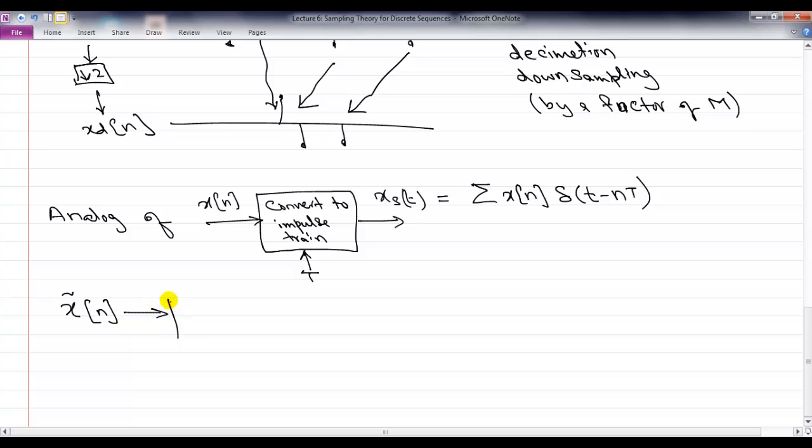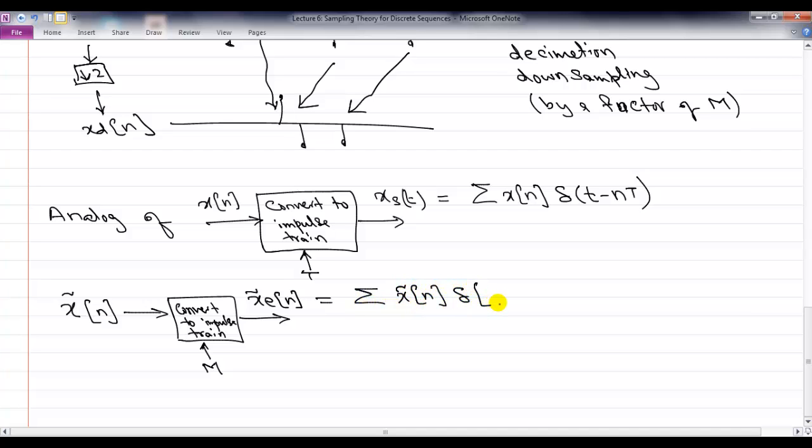So you have this conversion into an impulse train where the time period now is capital M. Again, it has to be an integer because you are dealing in the discrete world. And the output will be calling that x tilde e of n, which looks like simply x tilde of n delta of n minus km.